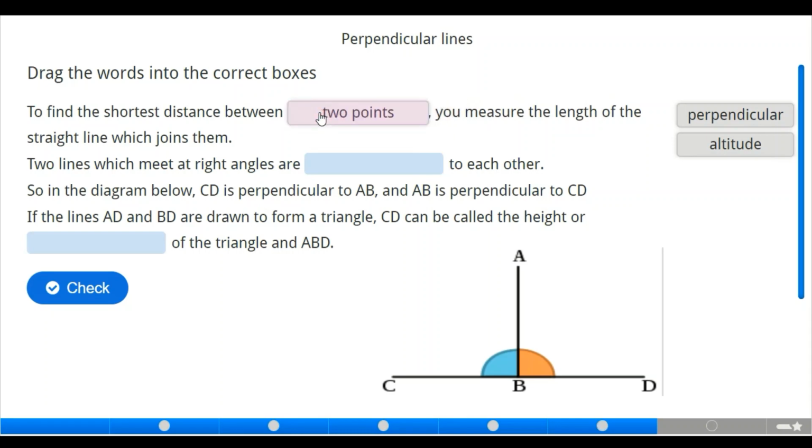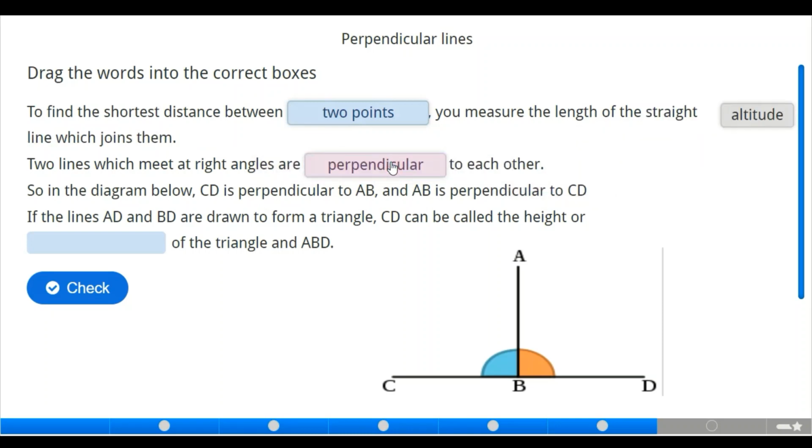So if you want to get the distance between two points, you just measure the line that joins those two points. Two lines which meet at right angles are perpendicular to each other. Right angles are angles of 90 degrees, so those two lines are perpendicular to each other.